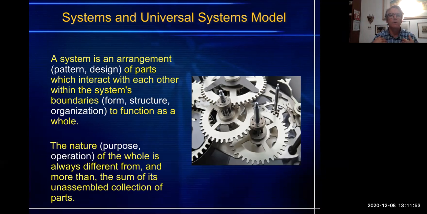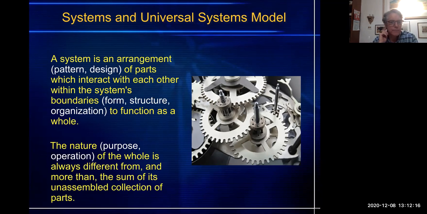So my idea was that a car engine interacts with other parts of the system, but it is contained by the system. The nature and purpose of operation of the whole is always different from and more than the sum of its unassembled collection of parts.